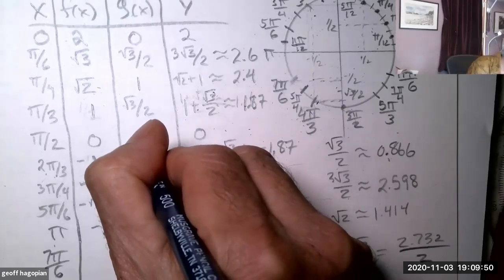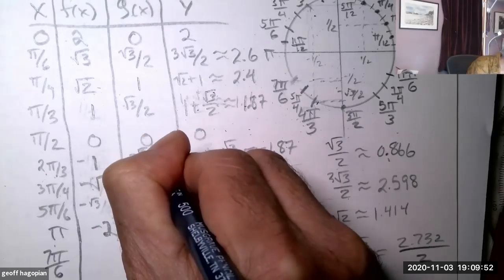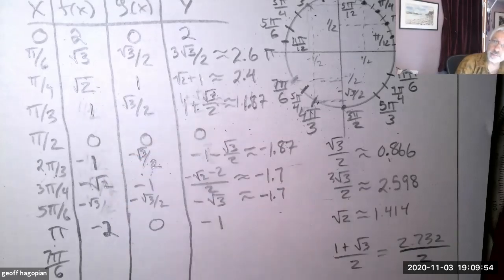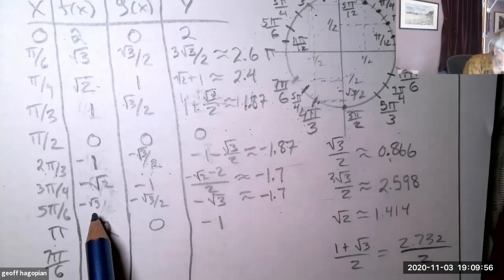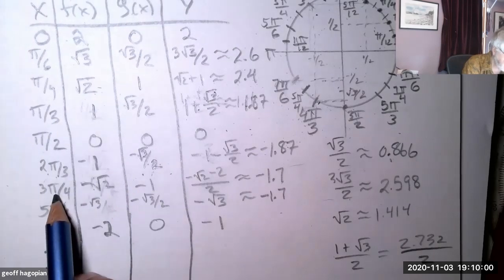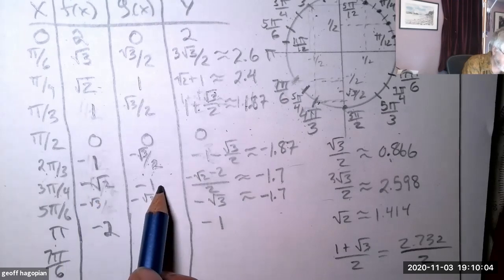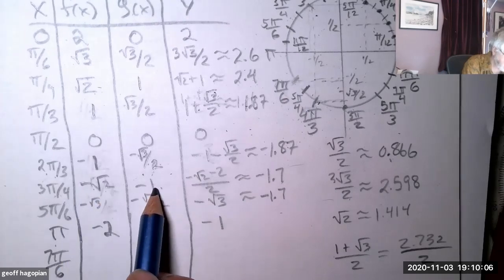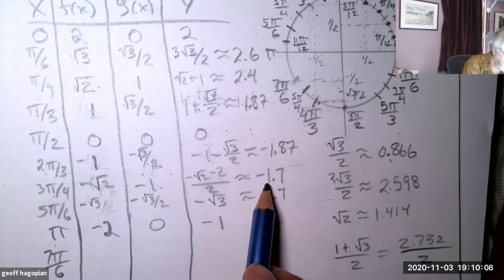So this is a good value here. So that's that one. So how about 3 pi over 4? Well, oh yeah, we just did that one, right? And 3 pi over -1. Okay, so this one is good.